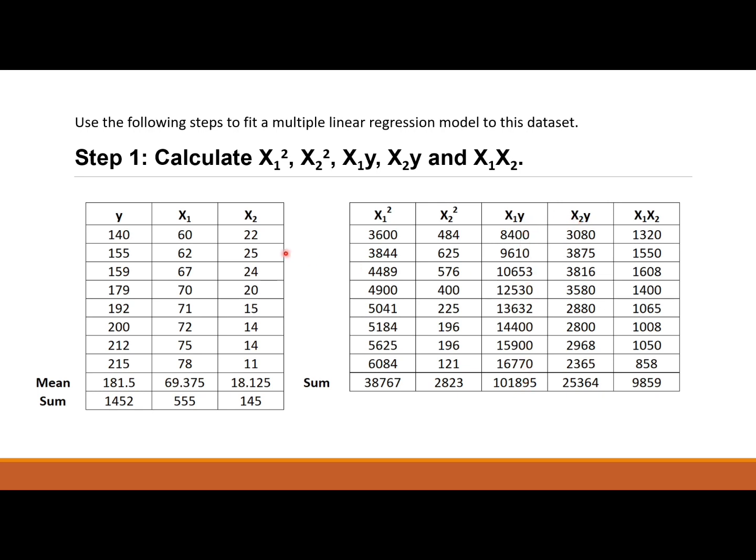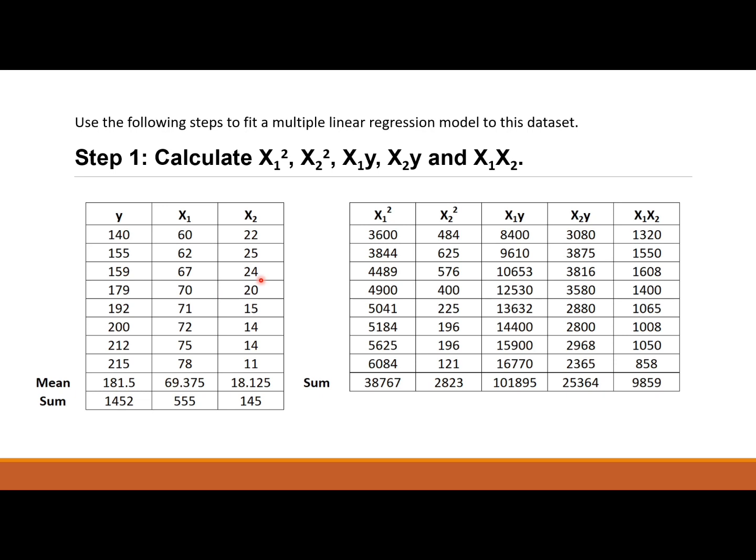Next we have to solve the x sub 2 times our dependent variable, y. So first we have 22 times 140. We get a total of 3,080. Next we multiply 25 times 155. We get the total of 3,875.